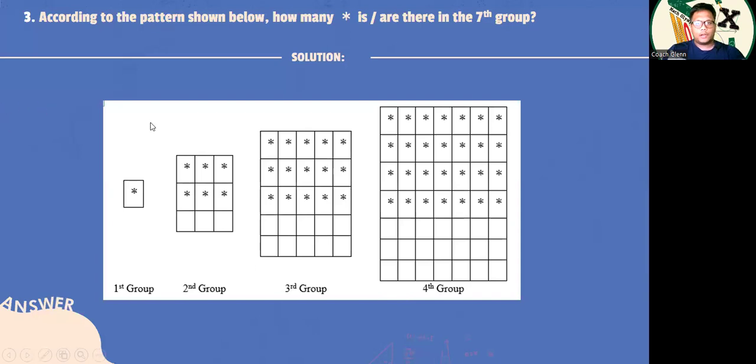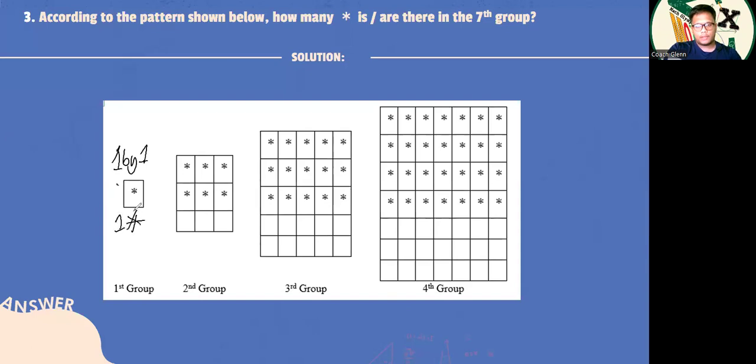So number 3: according to the pattern shown below, how many asterisks are there in the 7th figure? There's no solution given, and number 2 was skipped. So for the first figure, what we can observe is a 1 by 1 rectangle, there's only 1 asterisk.